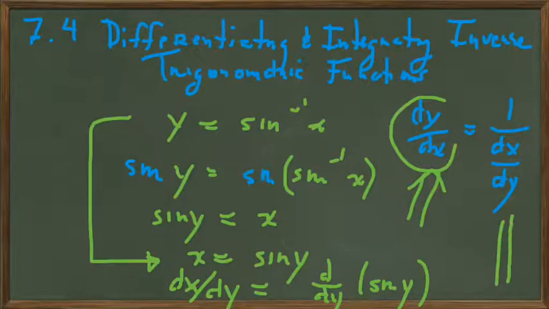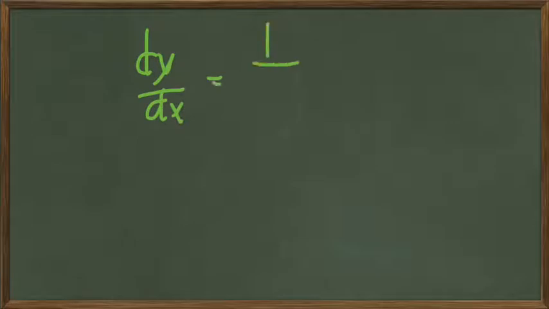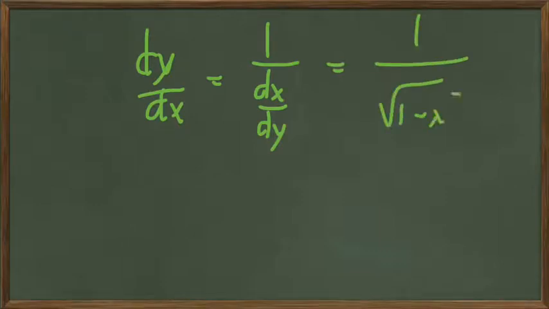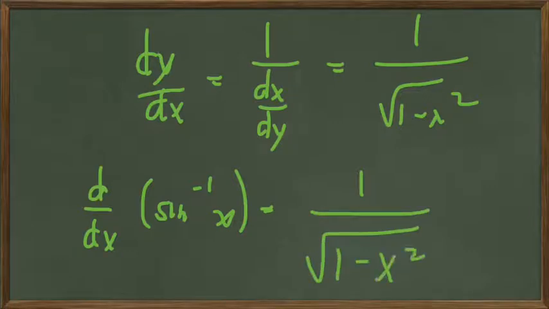So we just found dx/dy, and so now we know that dy/dx equals the reciprocal of dx/dy, and we just found that dx/dy is this, and so we have what we need. So y, remember, was sine inverse of x, so we'll plug that back in. The derivative of sine inverse of x is 1 over the square root of 1 minus x squared. So we found the derivative of sine inverse of x.